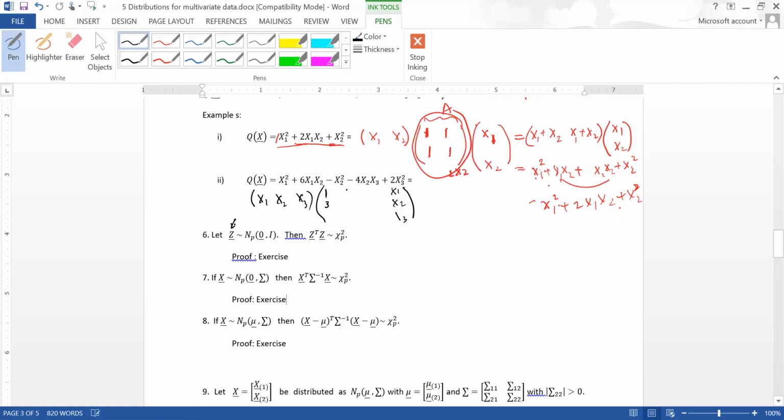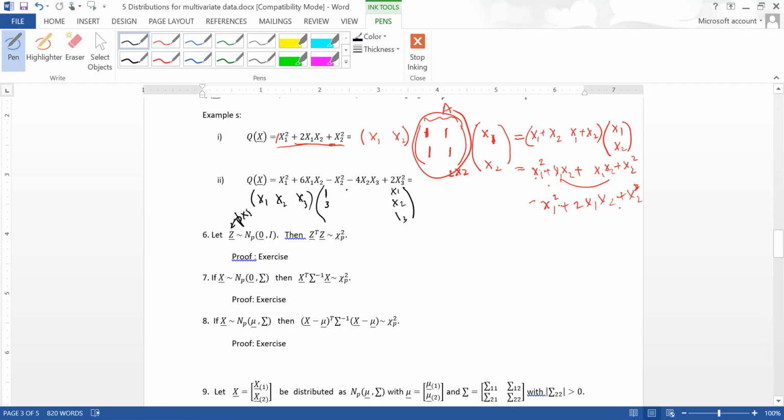Looking at this multivariate normal distribution, you can easily say what the dimension of Z is. Yes, it's a p by 1 vector, right? Otherwise, it cannot be p-variate. So Z is p by 1.